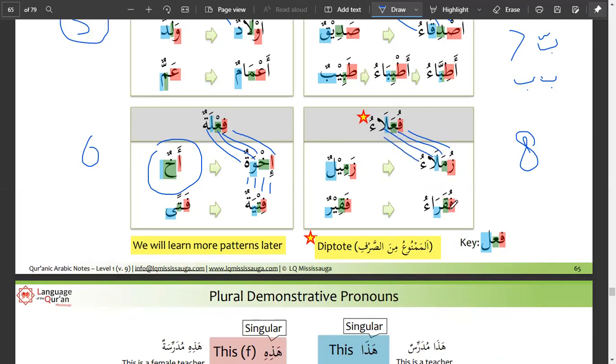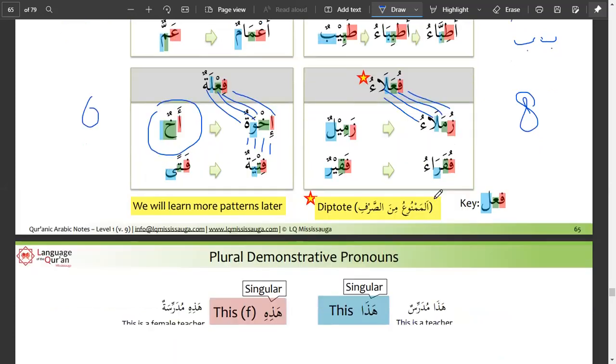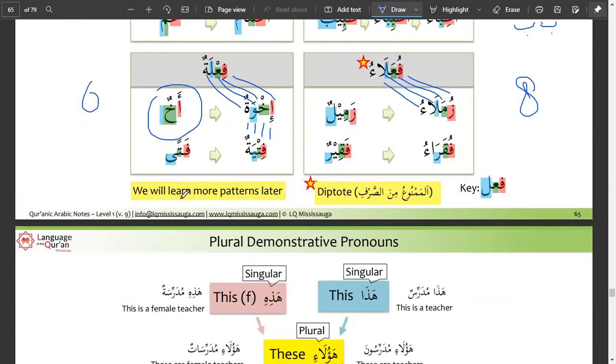Fu'ala'u, zumala'u, fuqara'u. We will learn more patterns later. In this book, we are learning only these 8 patterns. Later we will learn more in the next book. Al-mamnu'u minas sarfi, we call them diptots. They don't take tanween.